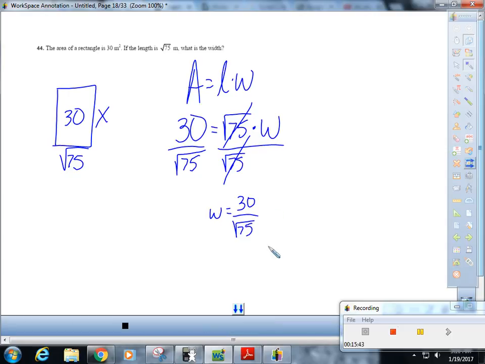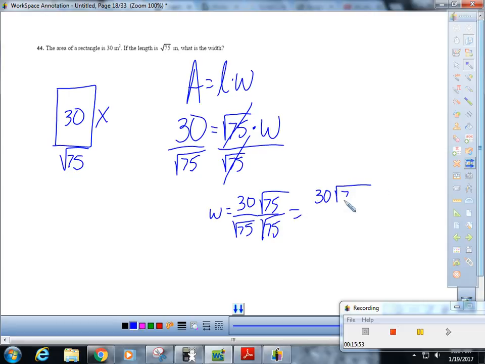Let's go ahead and start by just multiplying both sides by radical 75 over radical 75. So it's 30 radical 75 over 75. If you wrote your answer like that, I'd be totally fine with it. But I'm going to keep simplifying because that's kind of the point of today's lesson.